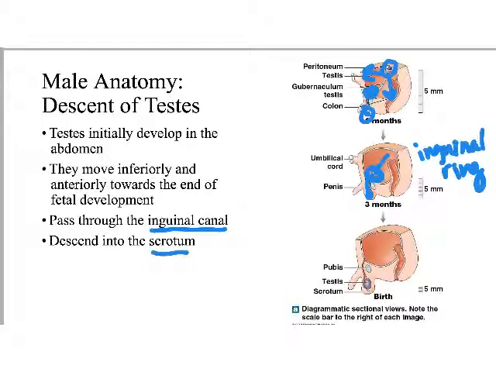Once it's open, the tunnel or the canal is still open, and so bowel that's in the abdomen can go inside that ring and then down into the tunnel and then down into the scrotum. This is a pretty common problem for men, but not really for women. They don't get this kind of hernia; they get other kinds of hernias because women don't have that same problem because they didn't have testicles that needed to descend. But in men, that becomes a problem.